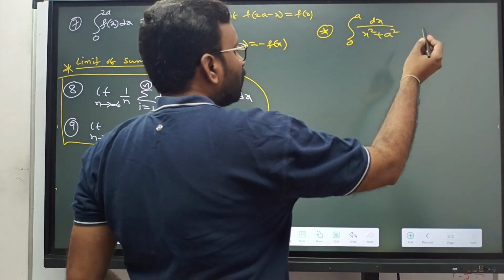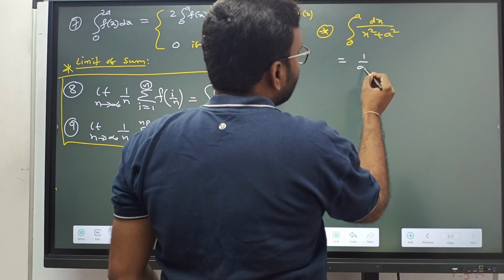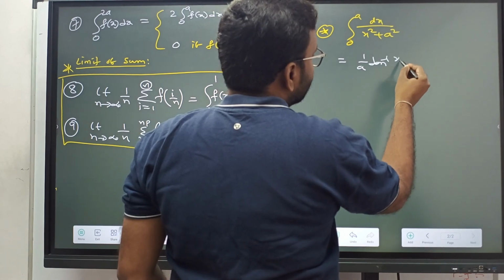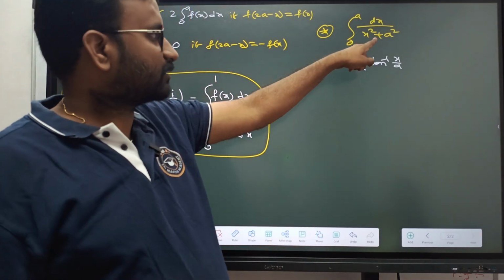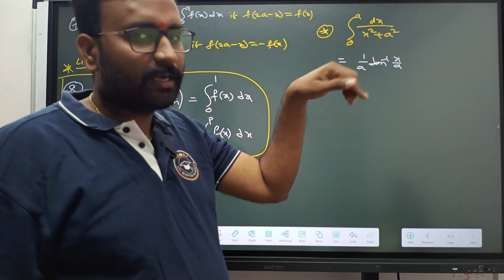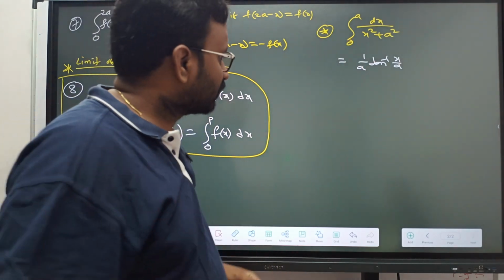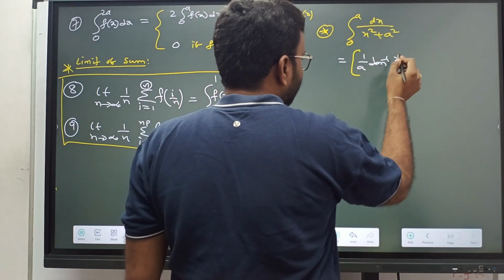See, we already know, if there are no limits, the answer will be 1 by a tan inverse x by a plus c. This is the formula. For plus, tan inverse; for minus, logarithm; for root, hyperbolic. So here 1 by a tan inverse x by a plus c, but we have definite integration.